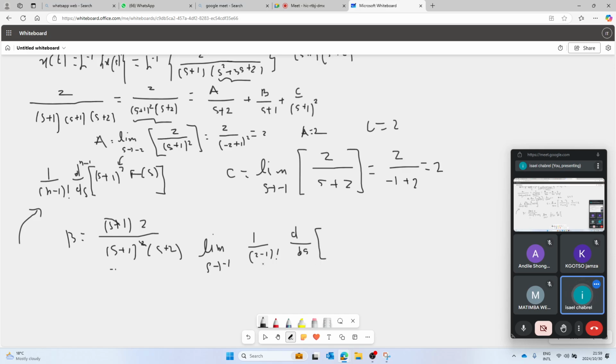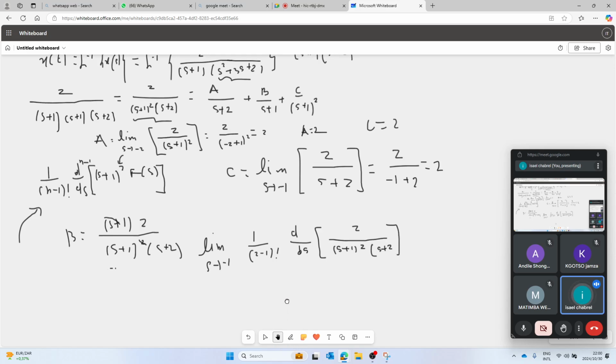Now we do it for the whole function. We copy everything here, which is s plus 1 squared multiplied by s plus 2.